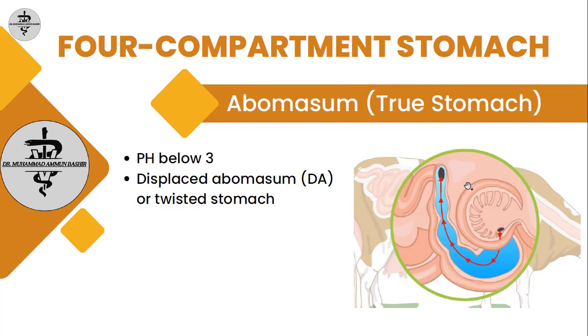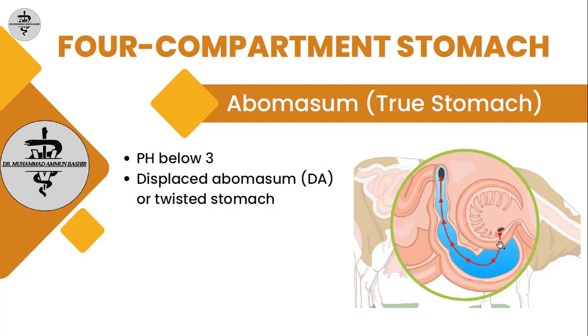The fourth compartment of the cow stomach is also called the true stomach, the abomasum, because its structure resembles that of monogastric animals as well as humans. That's why it is called the true stomach, and some digestion also occurs in the abomasum.